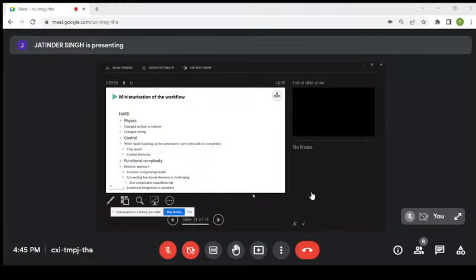So miniaturizing of the workflow, it's hard because it combines all the different elements. There's the physics, there's the control elements, there is the manufacturing aspects, there is the functional complexity, and we'll be talking about functional integration a little bit later. The microfluidic chip shop, and I really like that example.